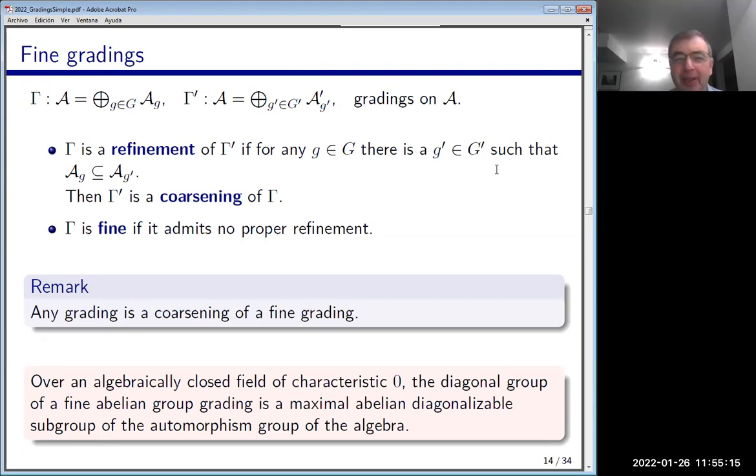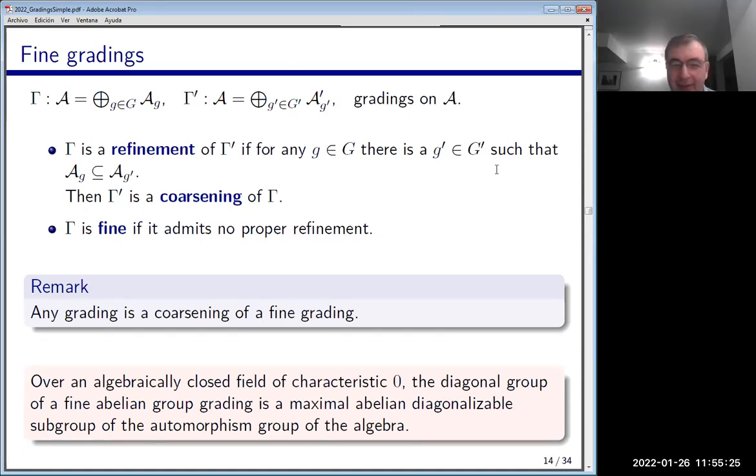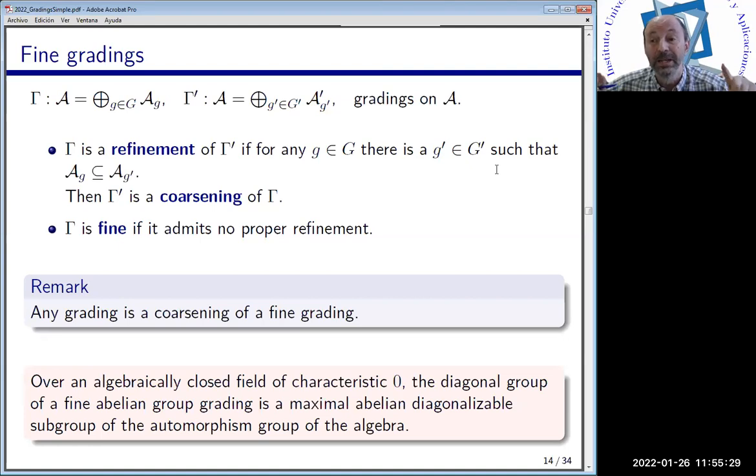And this map that takes G to G prime, is that required to be a homomorphism? No, if you are dealing with groups G and G prime. If you are dealing with universal grading groups, then it becomes a homomorphism. So that's why it's important, in order to classify things, to deal with universal grading groups.